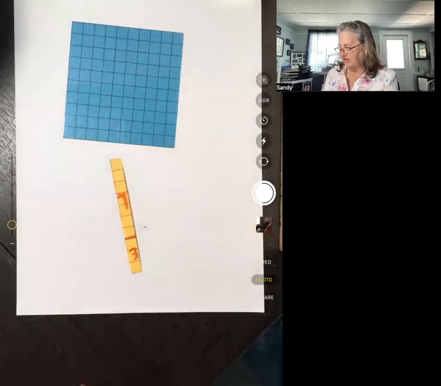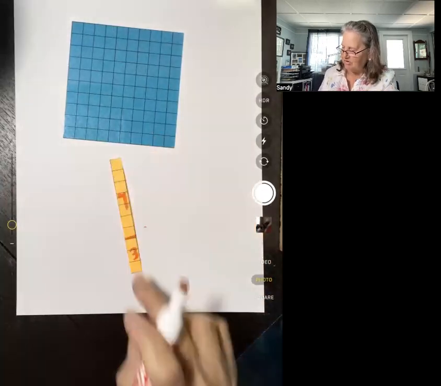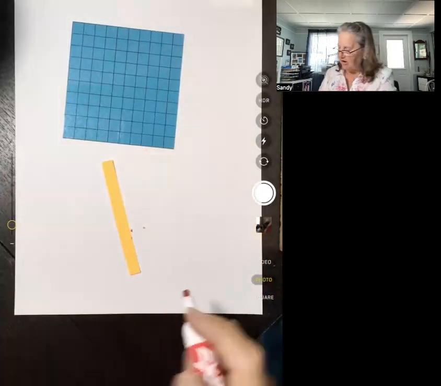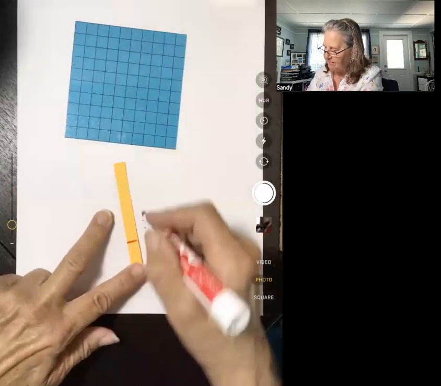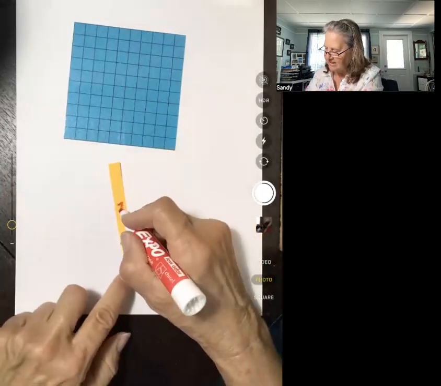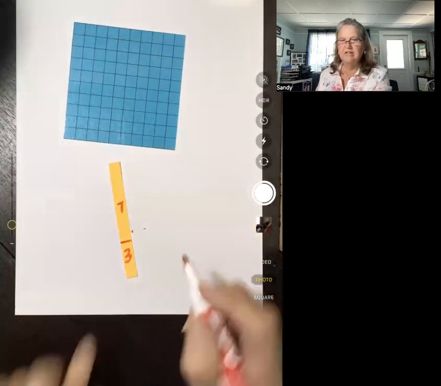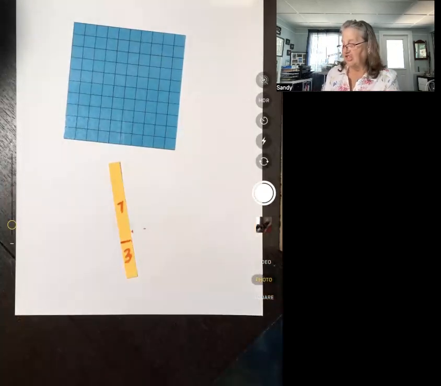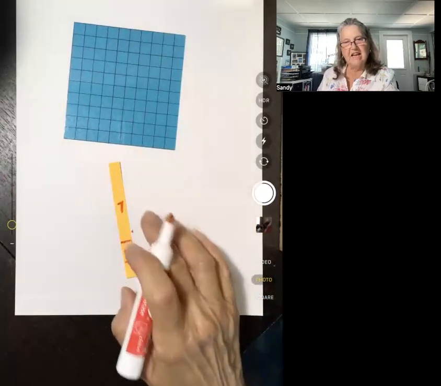Now, if I want your child to draw the picture, I don't really want them to draw all the squares, and it still may be hard for them to see it, but I could have flipped this over, and I see this as 7 and 3. Okay, so I can decompose a 10.